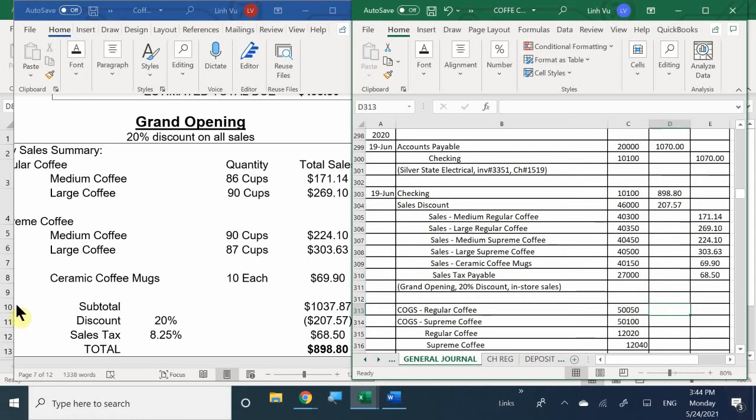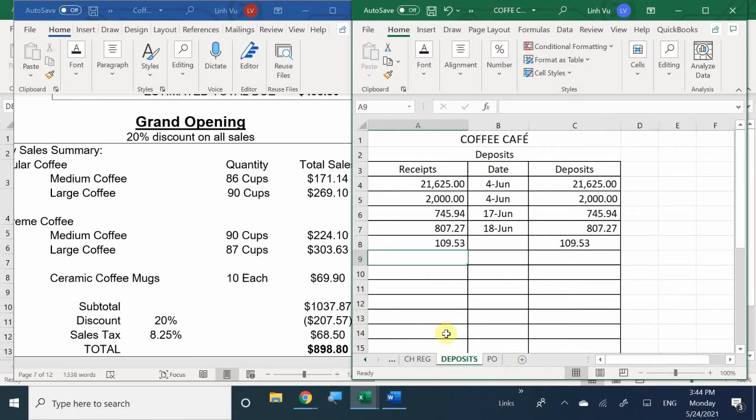So let's see. When we go to our deposits, we just received $898.80 in cash. Here we have a check that we previously collected, and here we have the in-store cash sales. Now we're going to deposit the whole amount over.